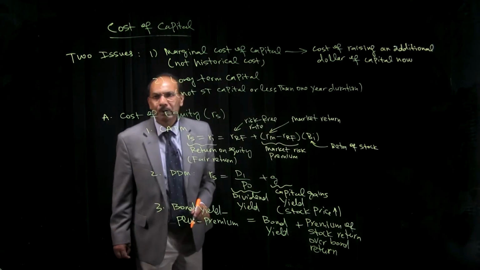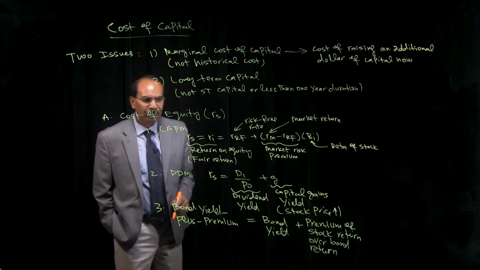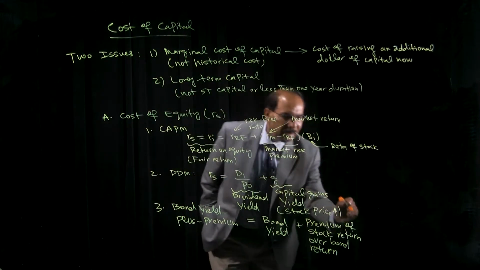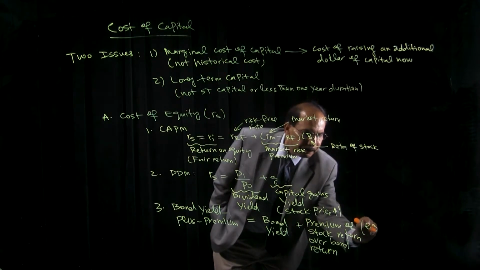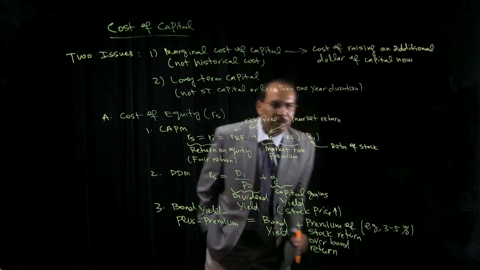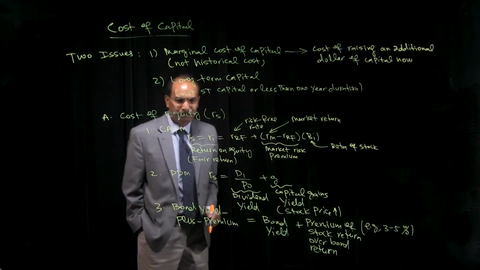And then we add to it the historical additional return stocks have provided over bonds. And oftentimes this is going to be 3 to 5%.